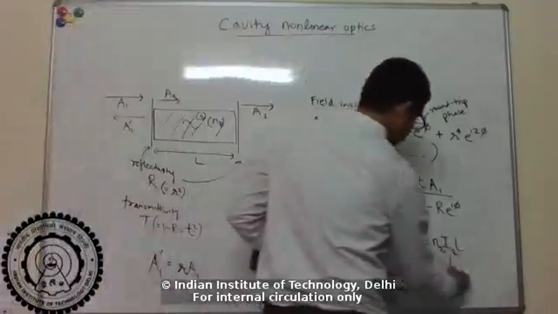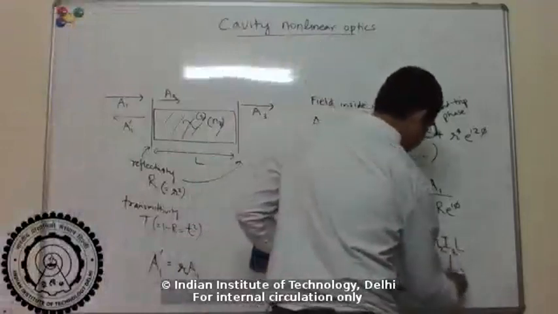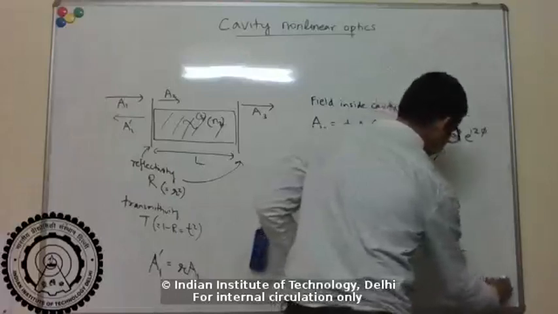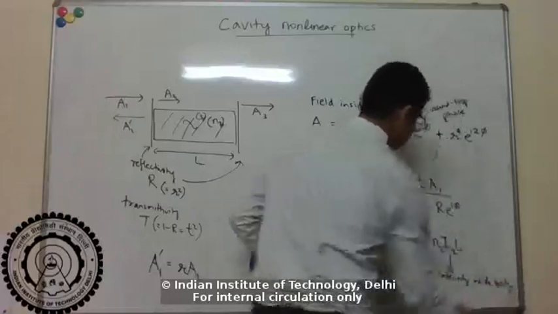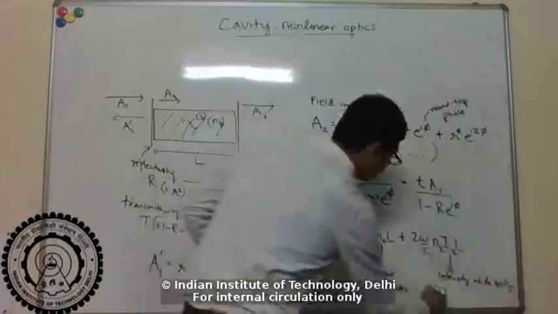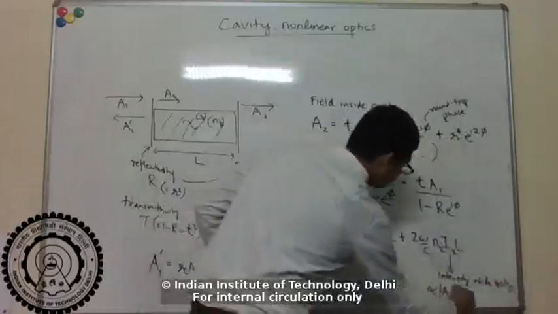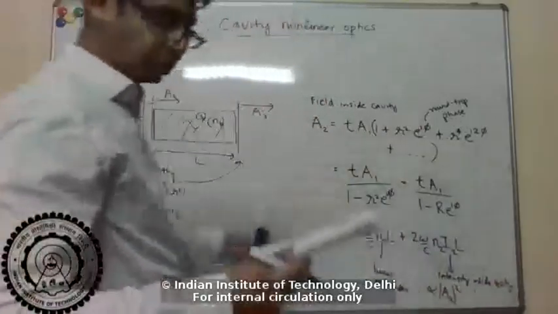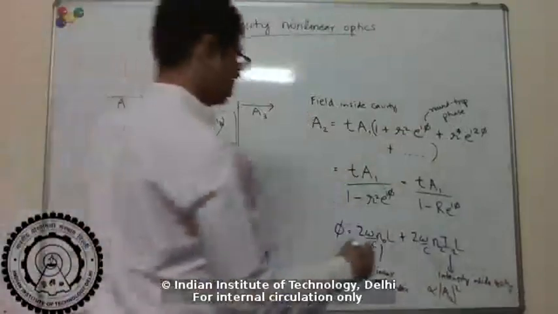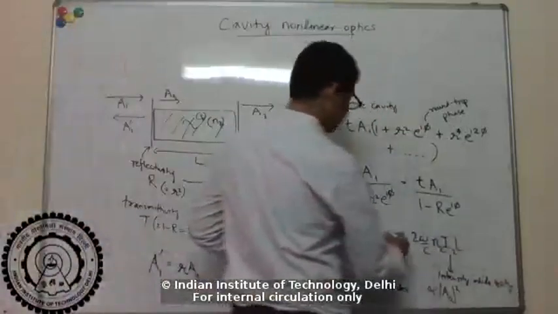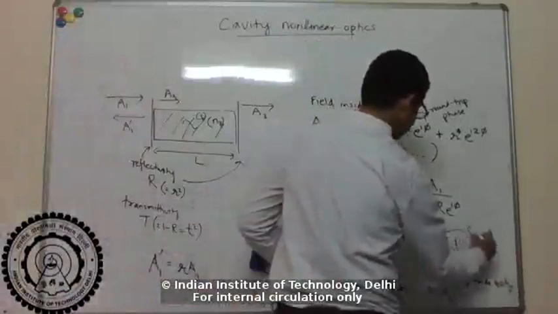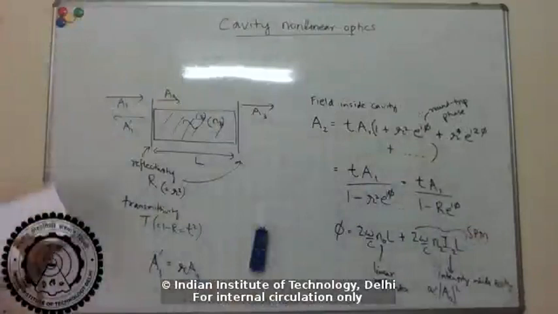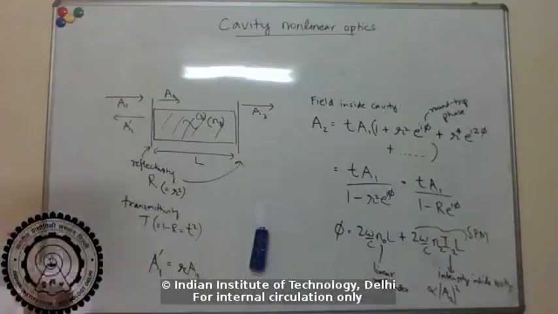So that's just proportional to mod A2 square, where A2 is the field inside the cavity. So this is the linear phase shift and this is the self-phase modulation that happens.